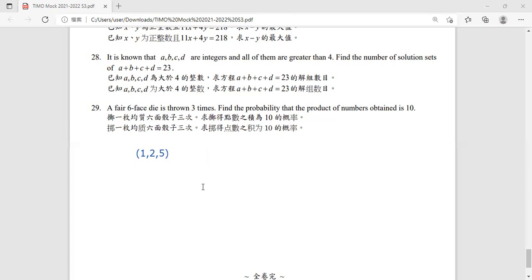How many combos of 1, 2, 5 are there? I have 6 cases, so it's 6 over 216, which is 1 over 36. Okay.